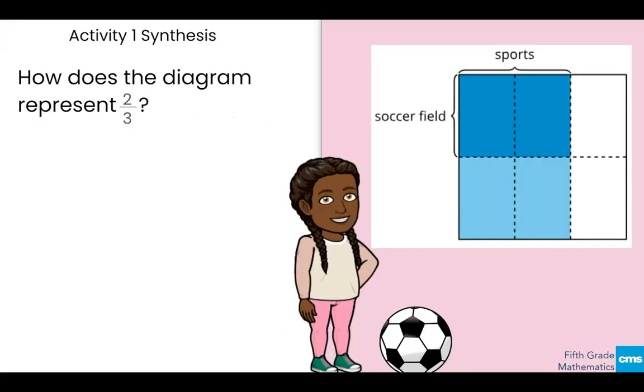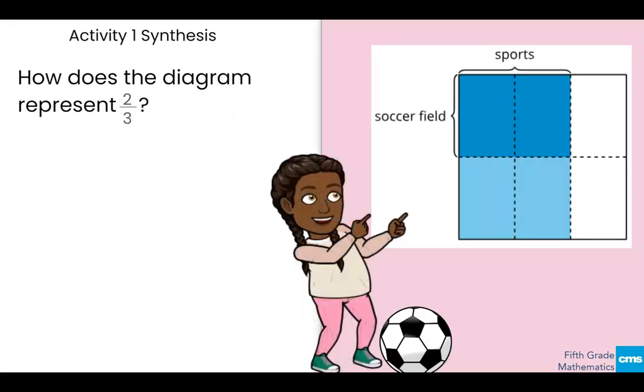Here is Anaya's diagram. How does Anaya's diagram represent 2/3? Yes, there are 3 vertical slices altogether and 2 of them are shaded. So the 2 of the 3 shaded would be 2/3 of the park. And we can see that Anaya labeled that as sports.